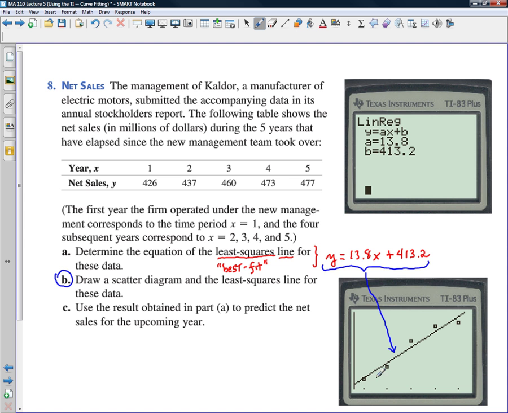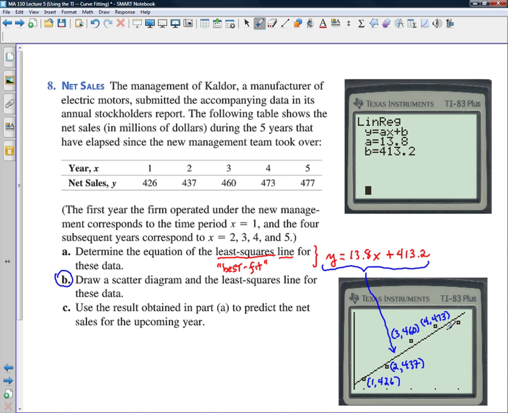And these points are the points at 1, 426. This is the point 2, 437. This point up here is the point at 3, 460. This one up here is at 4, 473.